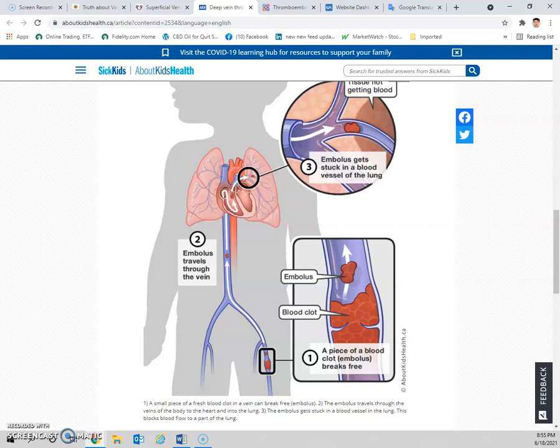As the saying goes, an ounce of prevention is worth a pound of cure. So now you know all the facts about varicose veins, deep vein thrombosis, and pulmonary embolism, and you know the risks and the ways to prevent deep vein thrombosis. That's the way for you to fight against a potentially dangerous situation.